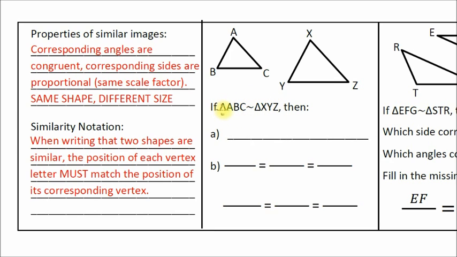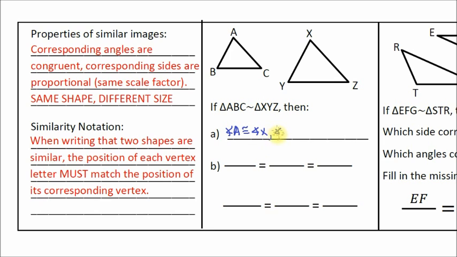When you write a similarity notation statement, it means you are telling somebody that you know which vertex corresponds to which vertex. So because we know that to be true, then we know a couple things. Number one, we know what the similar angles are. So that means we know that angle A must be congruent to angle X. That's first position, first position.